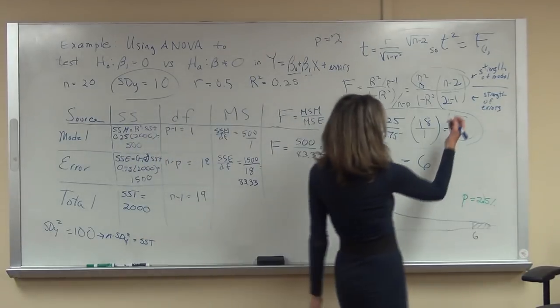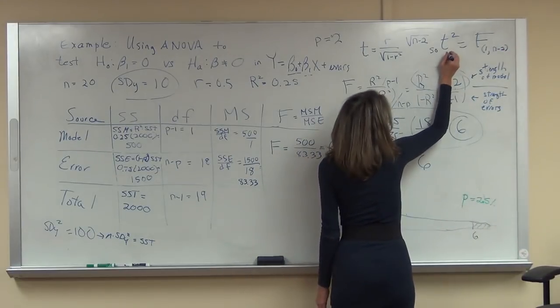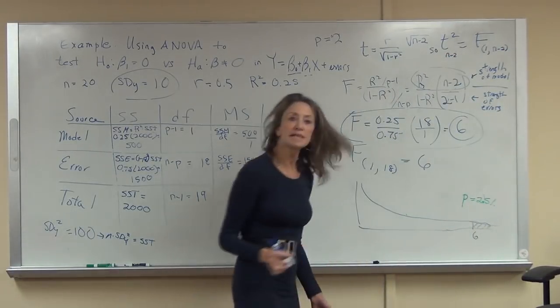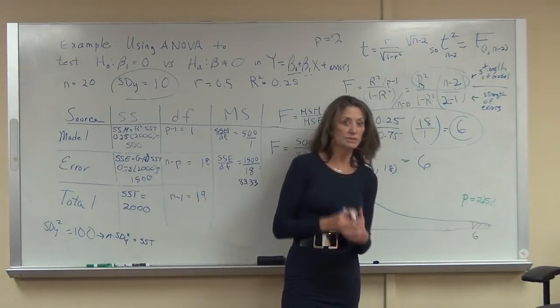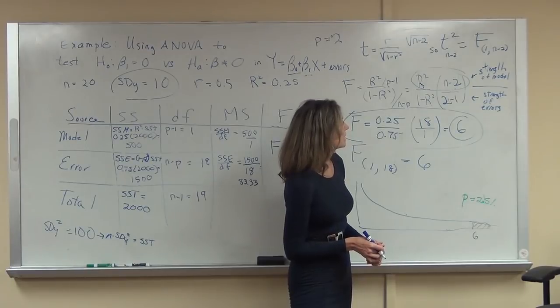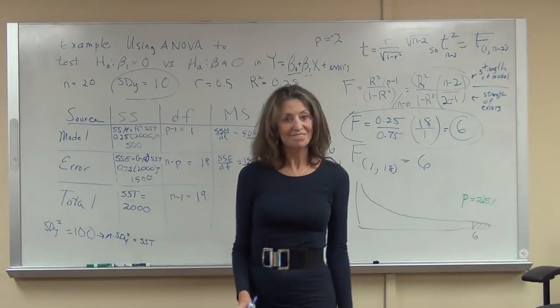So it's like t squared with n minus 2 is equal to F, that's the same statistic, and it will always give you a 2-sided test. If you square it, it's always positive. And so those two are equivalent. Okay, that's it.